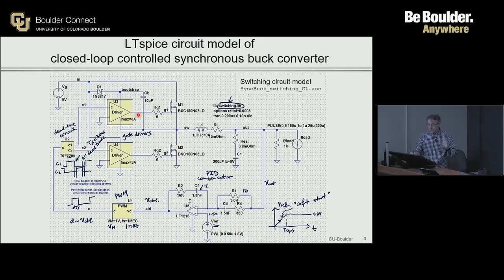Okay, so to provide that function, a typical driver for the high side MOSFET, this MOSFET M1 would be called a high side MOSFET, and this driver here would be called a high side driver.